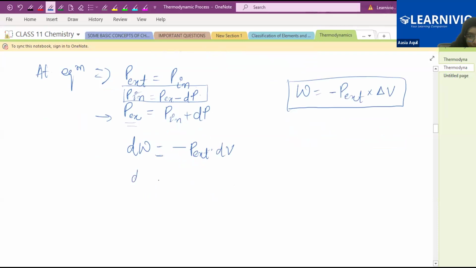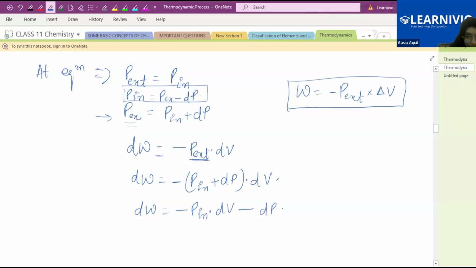Now what is P external? This is the P external. Now substitute the value of P external over here. So P external is P internal plus dP, into dV. Now just open this bracket. So minus P internal into dV, minus dP into dV.